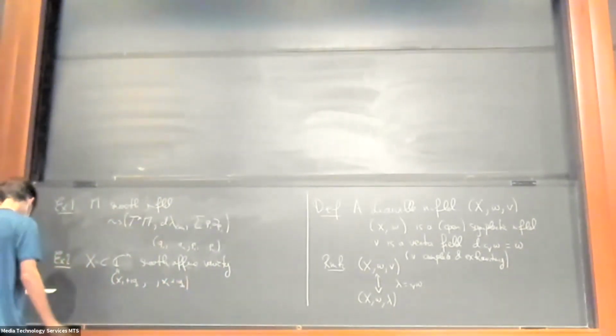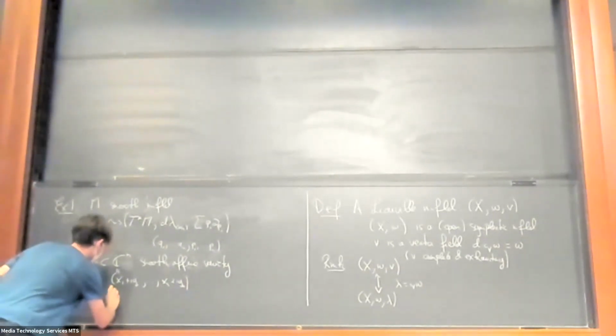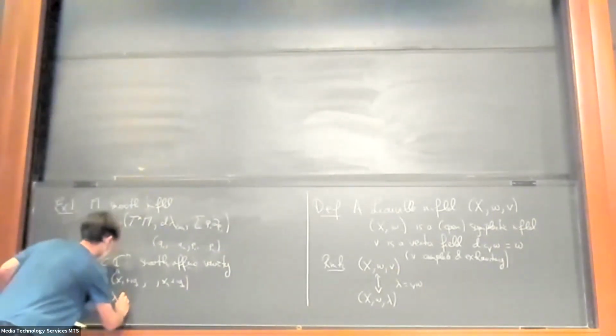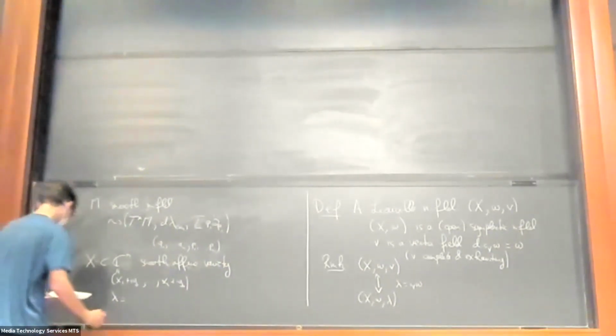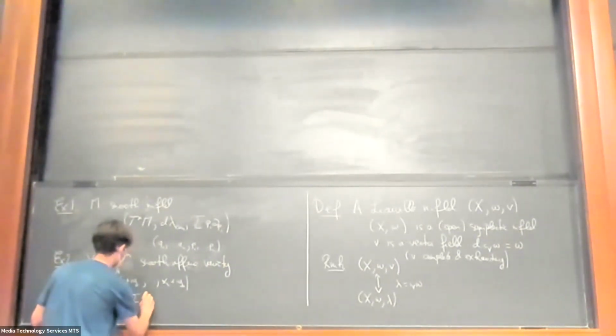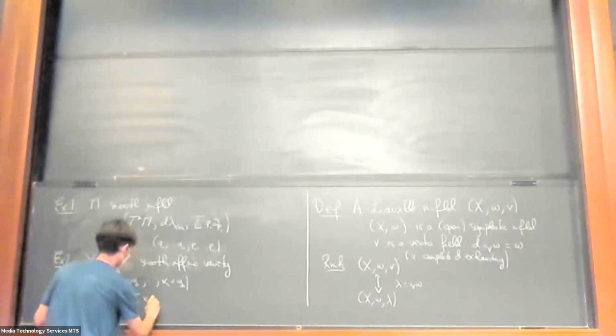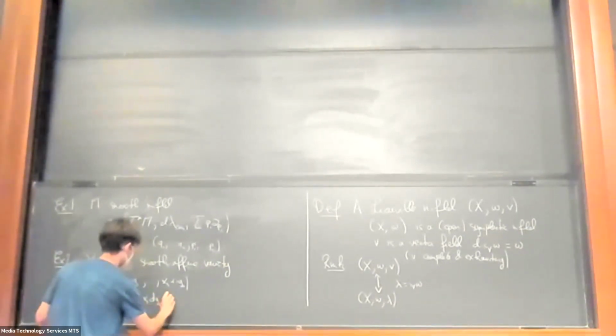And with respect to these coordinates, we can consider a one-form lambda, which is going to be defined as the sum over i of x_i dy_i minus y_i dx_i.